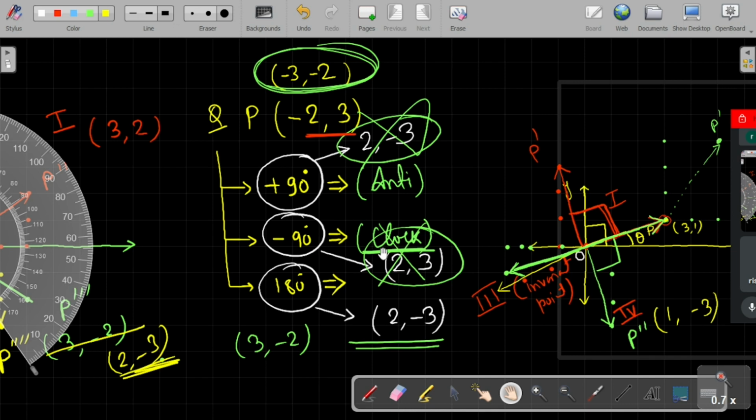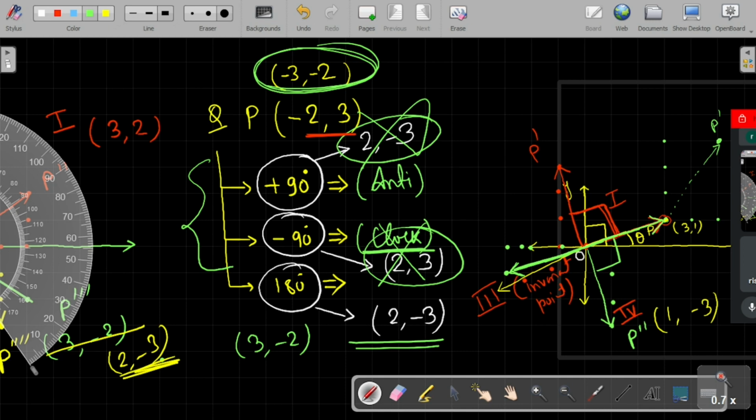I'm going to discuss another way from the matrix method. So for 90, we swap the x and the y value, and then whichever quadrant it's in, we put those signs. We can summarize it as: for plus minus 90-degree, exchange the x and y coordinate.